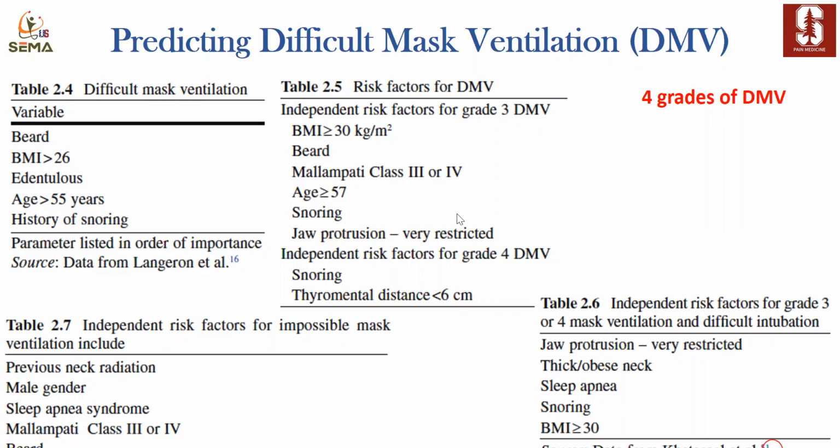Some people also found Mallampati 3 and 4, and some people found jaw protrusion, for example, if you have a restricted jaw protrusion, can also cause difficult ventilation.